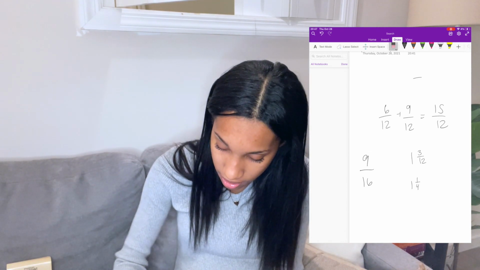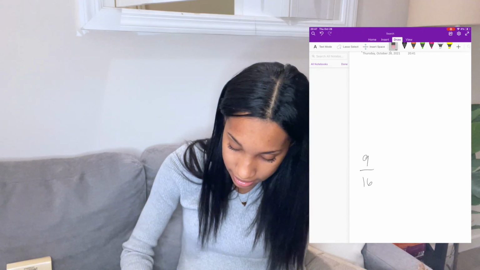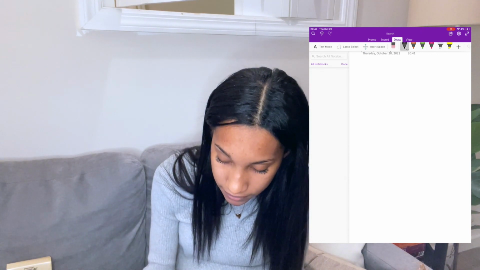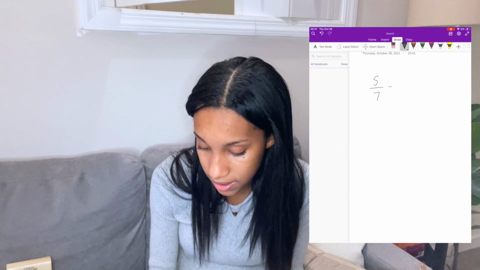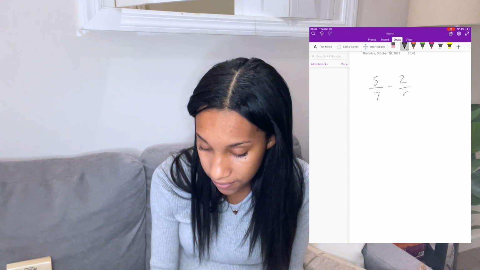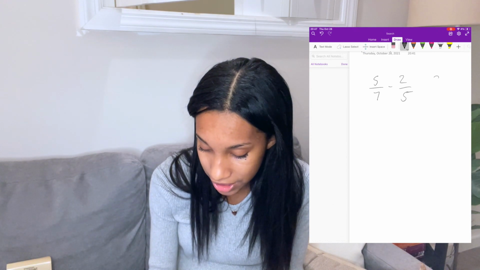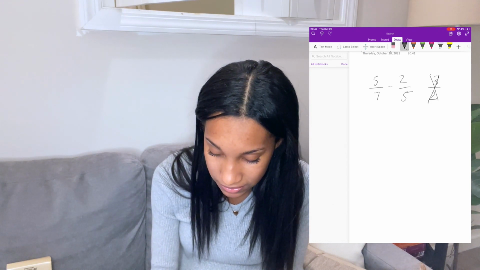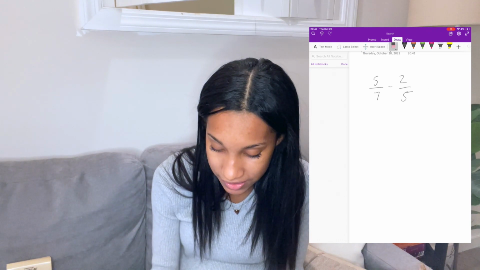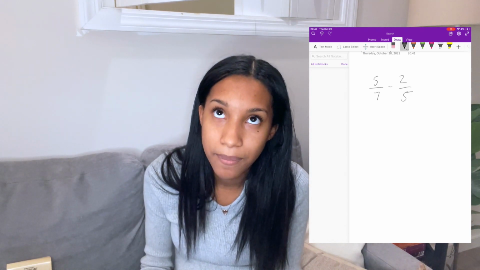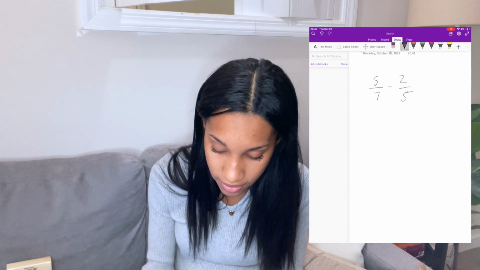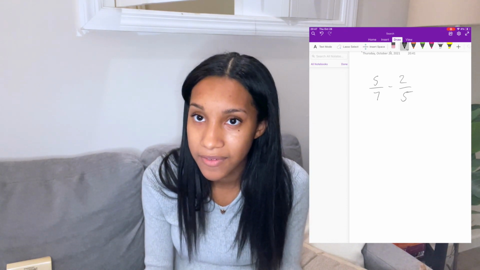So moving along, same idea with subtracting. So for example, 5 over 7 minus 2 over 5. It's not going to be 3 over 2. That is a wrong answer. You need to make sure those denominators are the same. So least common multiple of 7 and 5, I'm pretty sure is 35. So you need to know that 7 times 5 is 35.